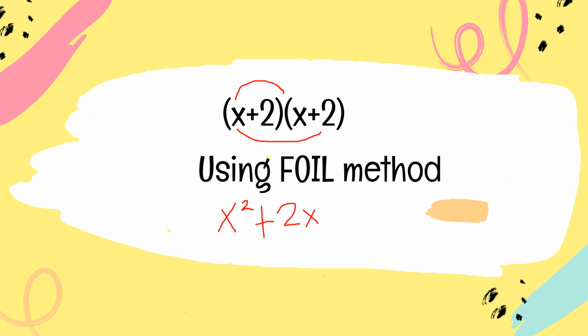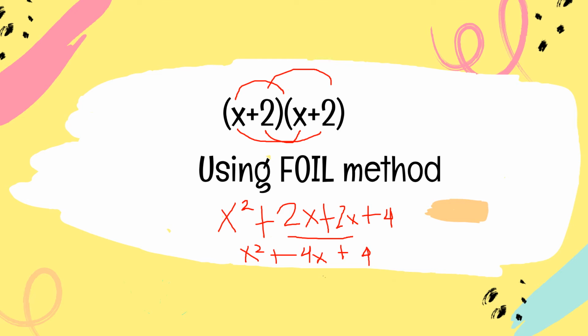And then we have the inner terms of the binomial, so that is also positive 2x. And then the last terms of the binomials, we have 2 times positive 2 is positive 4. And then if we combine like terms, ang like terms po ay itong 2x at saka yung 2x. So we will arrive with x squared plus 4x plus 4.